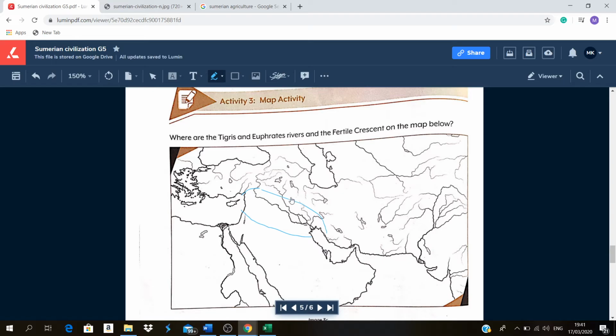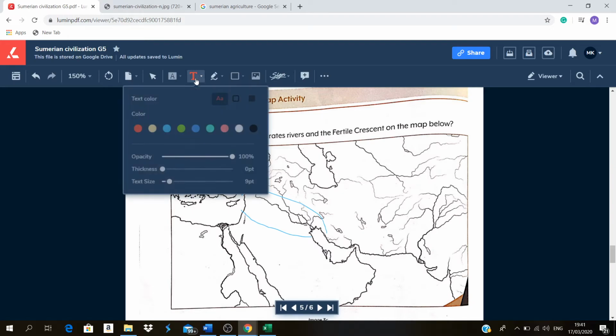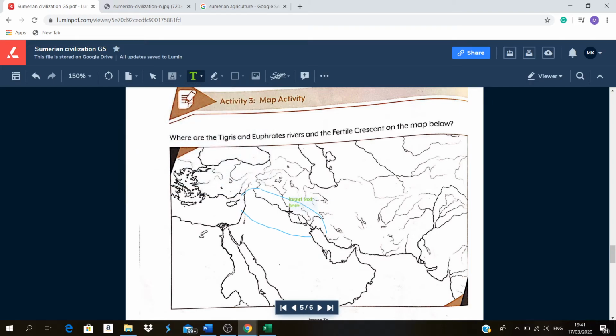It's around the rivers. Let's write here the Tigris. Let's change the color first. Right, with the green. This one is the Tigris. And the other one is the Euphrates.